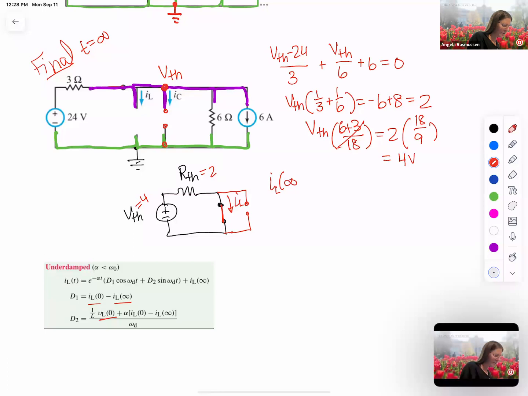And IL infinity is going to be what? So 4 divided by 2. So 2 amps. And how do I know if it's positive or negative?